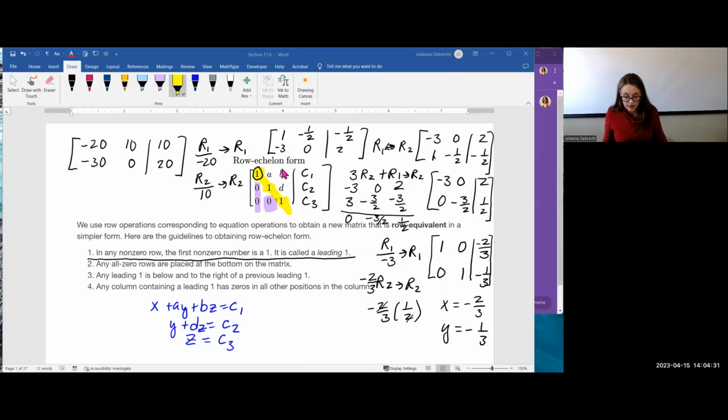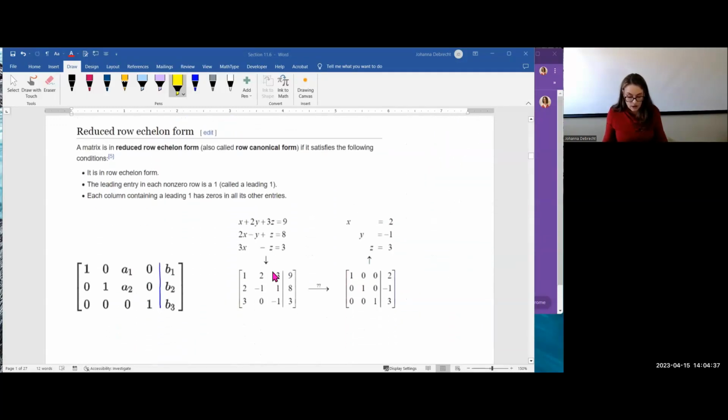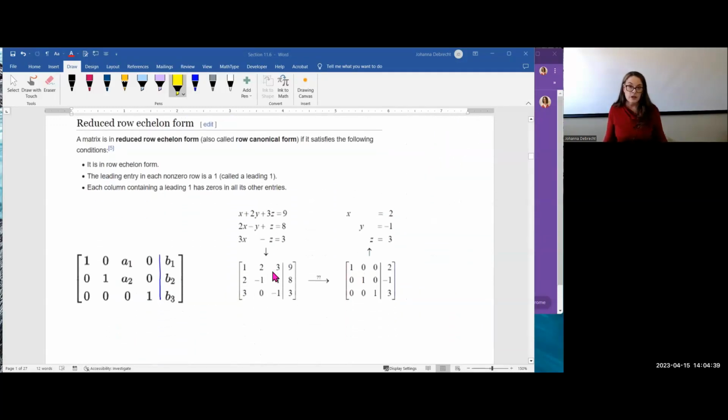Above it, I may or may not have zeros, and then I'll have constants over here. Some may be 0, some may not. What's reduced row echelon form, also called row canonical form? It says I'm going to have 1s coming down the main diagonal, or if I have one off the main diagonal, it's further to the right than the ones above it.